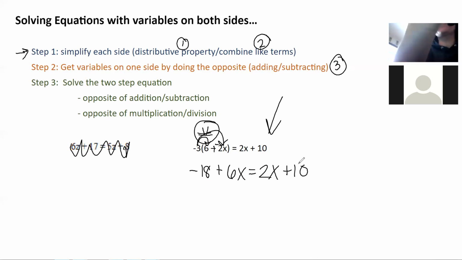So now we're going to do step 2. Get the variables on the same side by doing the opposite. And if I were you guys, I would pick on the smaller variable first, because then you'll have no negatives to deal with. So what's our smaller variable, 6x or 2x? 2x, yeah.